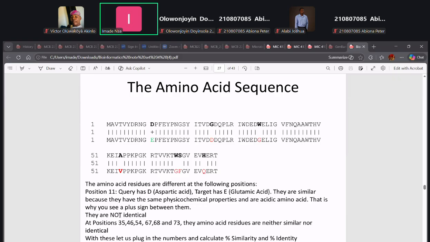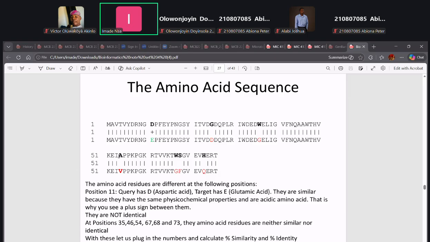Then they are not identical at position 35: 10, 20, 30, 35. We have a W and G. Position 46: 10, 20, 30, 40, 41, 42, 43, 44, 45, 46. 46 is okay. That's an error there. Forgive me. They are fine at 46.